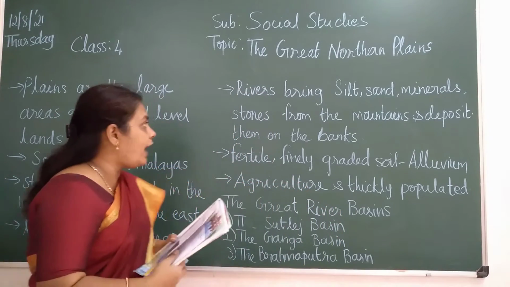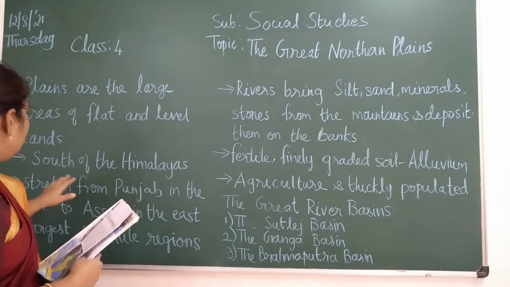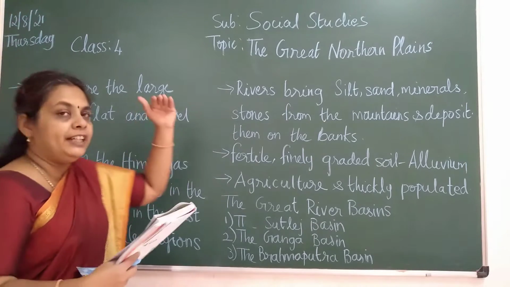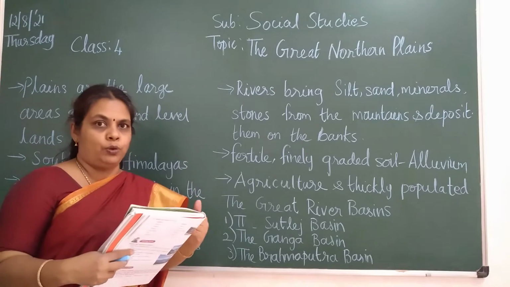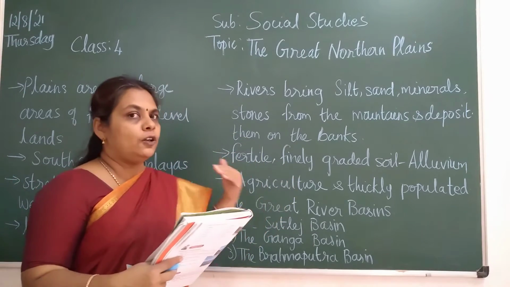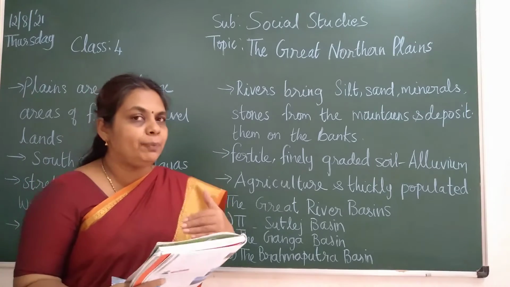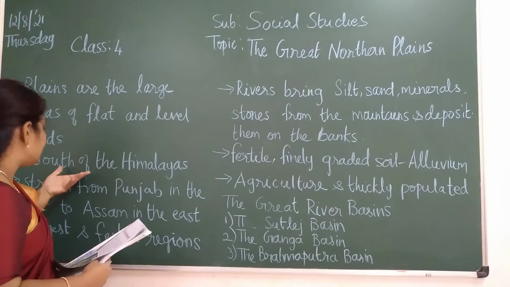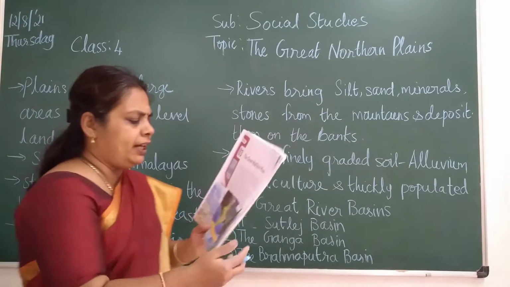They are located to the south of the Himalayas. Actually, we call it the northern mountains, so it is considered as north. These plains, to that, will be south. That's why the location is told as the south of the Himalayas.